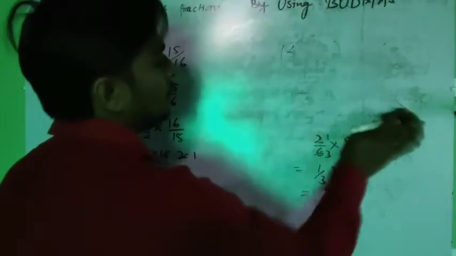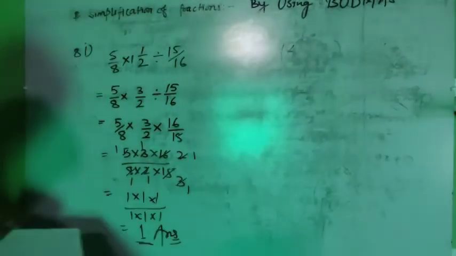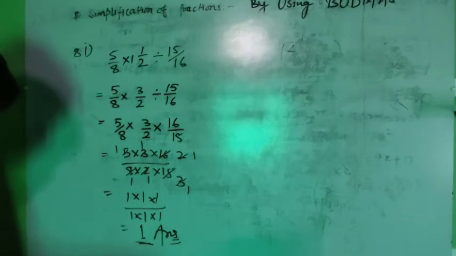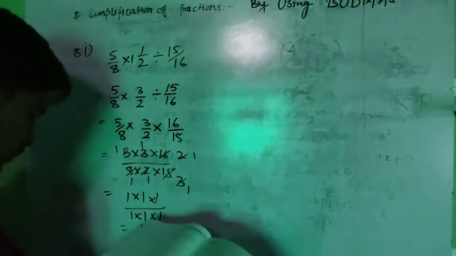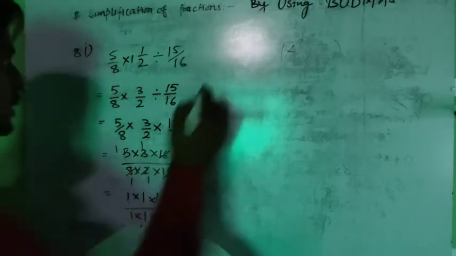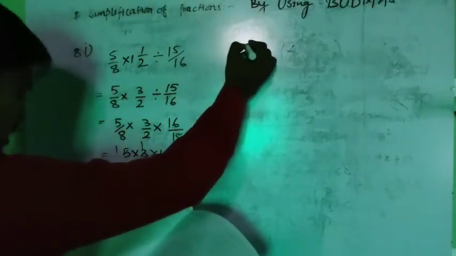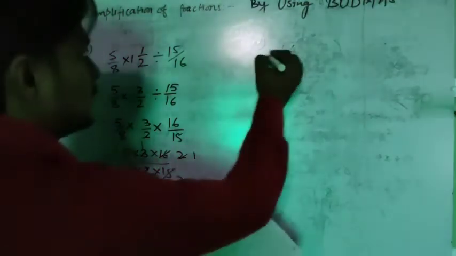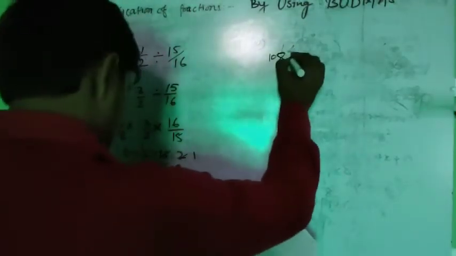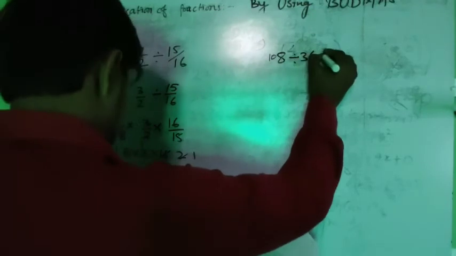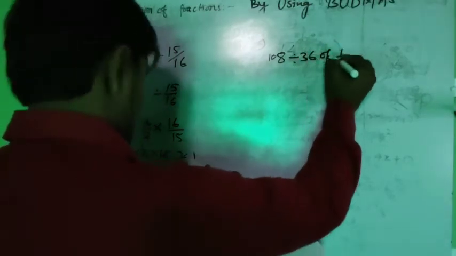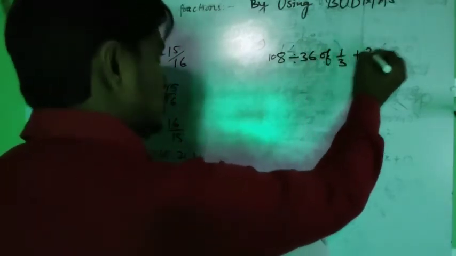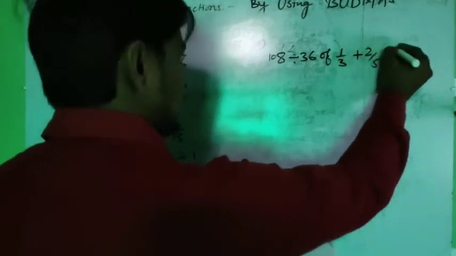The last example I am explaining here is a more complex problem. This is question number 9, part 9: 108 divided by 36 of 1/3 plus 2/5 into 3 whole 3/4.